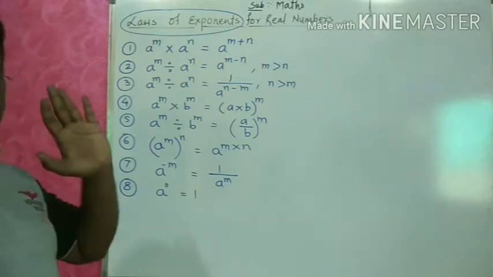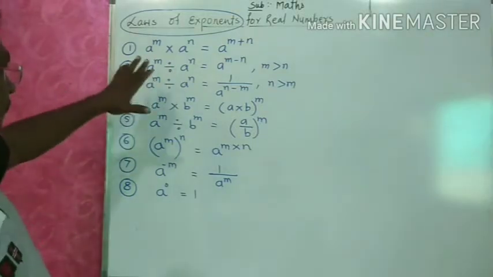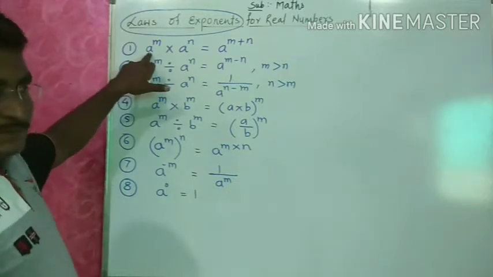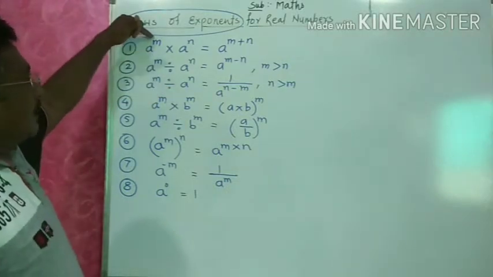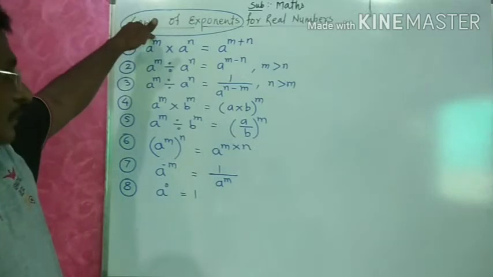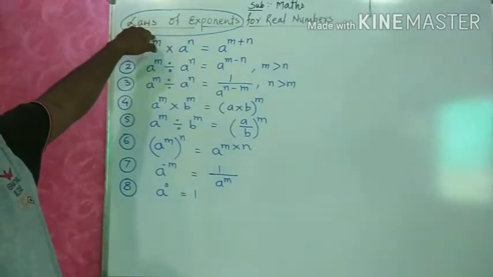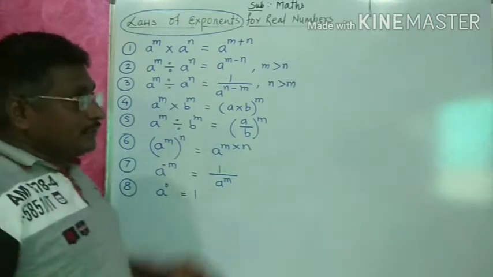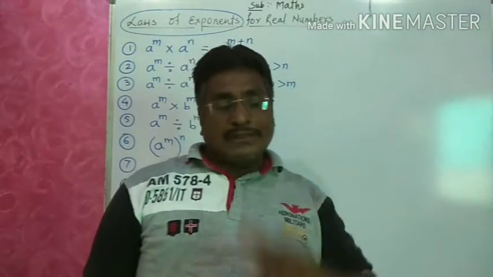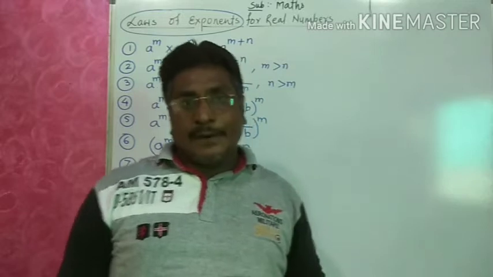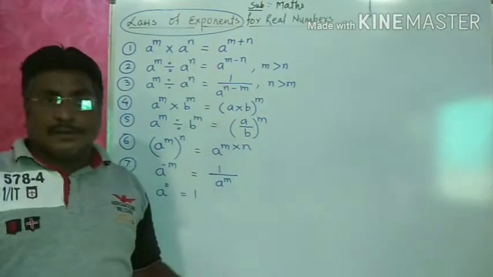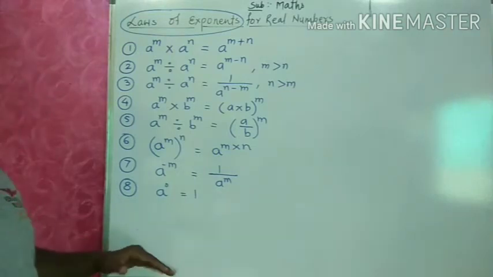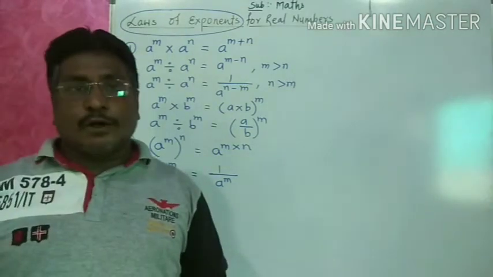But I will tell once again: whatever is written here, this is the base, and whatever is written on the head, that is the exponent. Understood? Now these laws we have to use while solving the examples here. With these 8 laws, some other laws we will discuss.